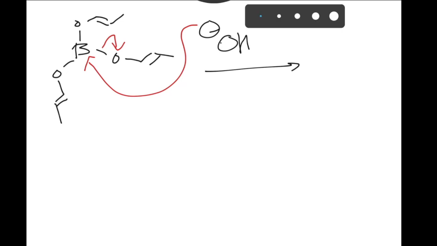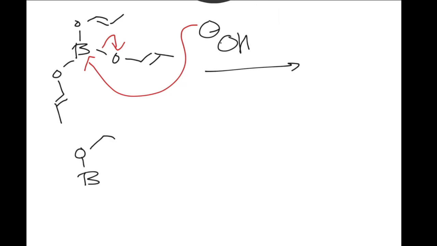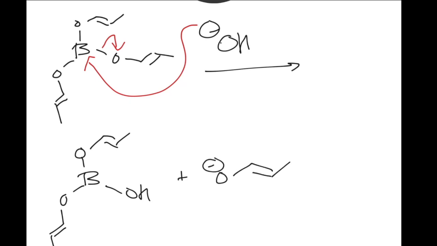So we end up getting B. We will take 1 off. So we get BOH plus this. Okay. Now, again, I'm going to do this 2 more times to knock off the other boron-oxygen bonds.